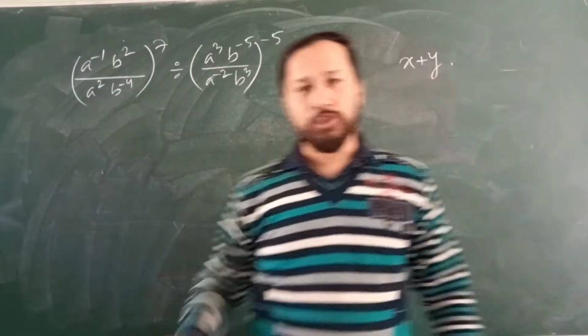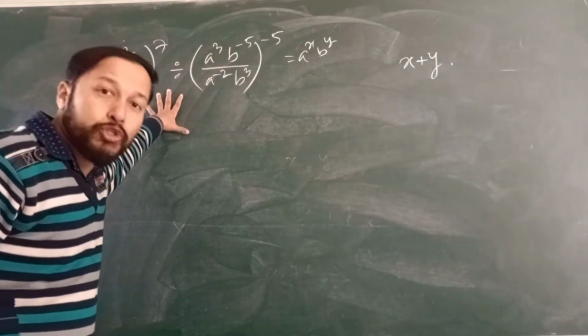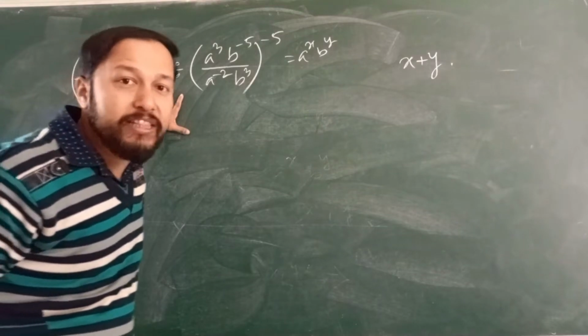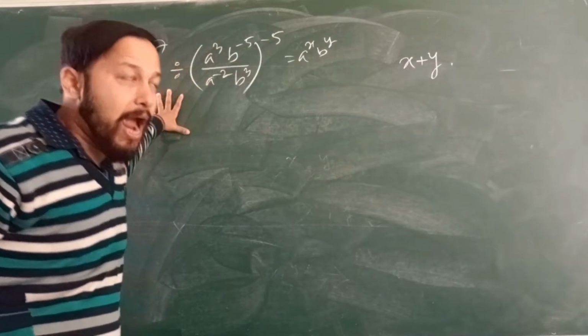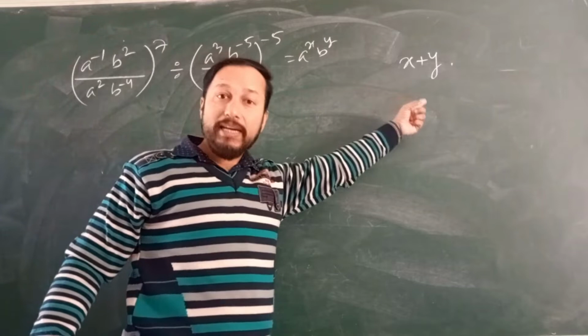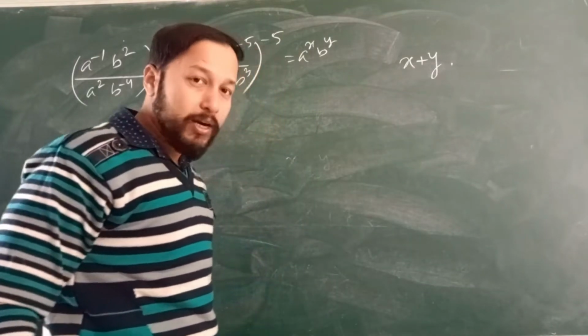Understood? This is the question. From this equation we have to find the value of x and y, and then we'll add x plus y and take out the value.